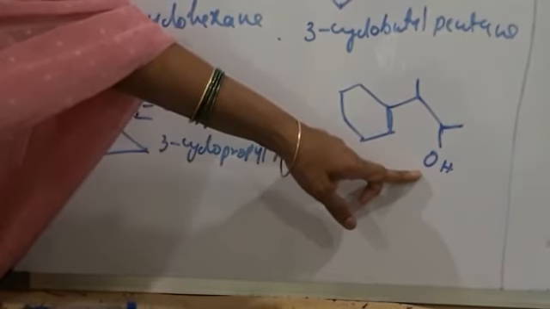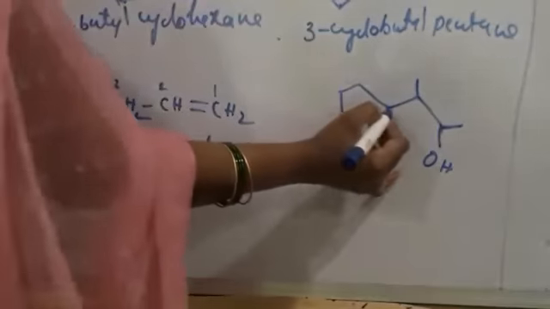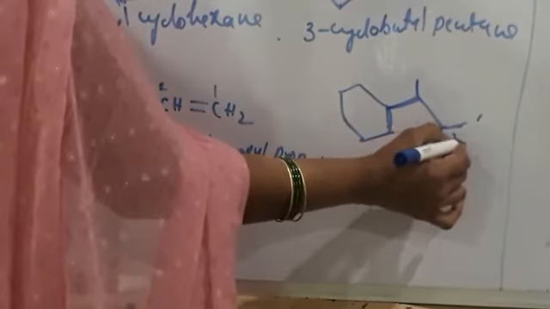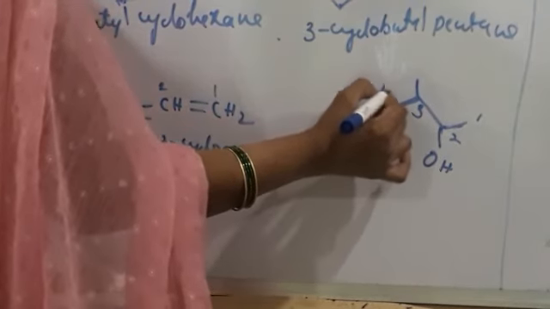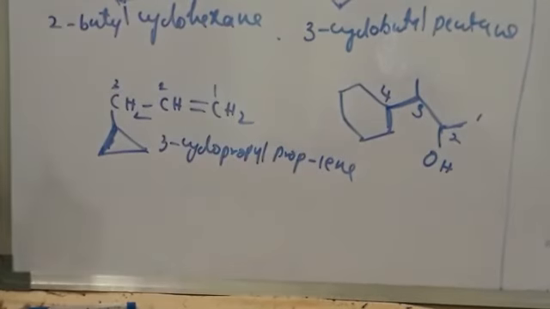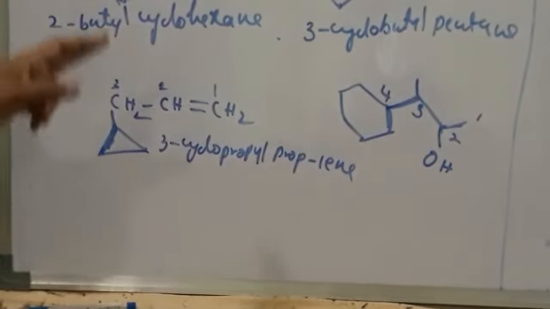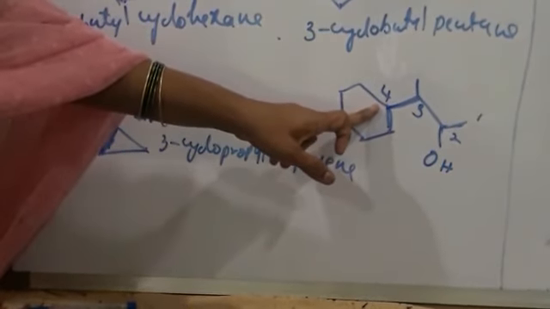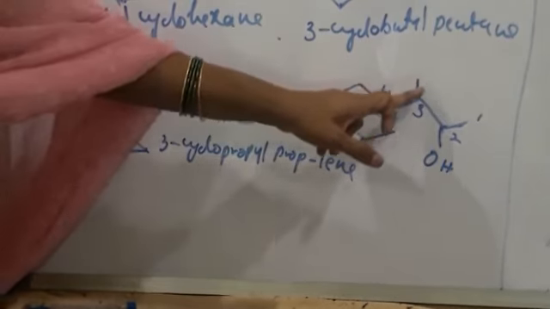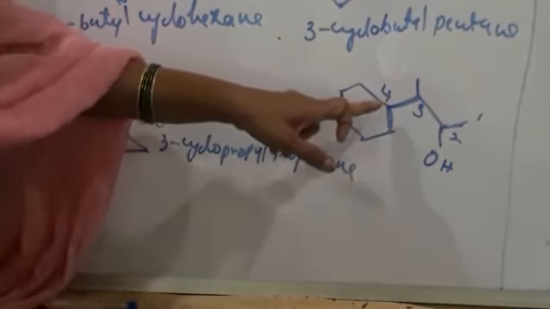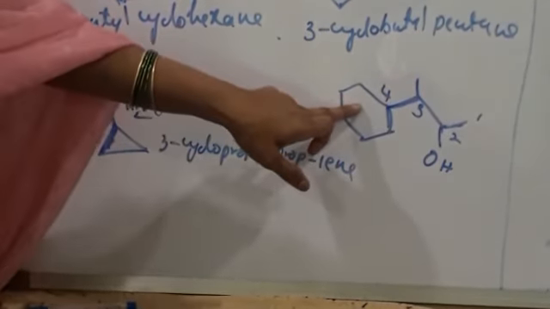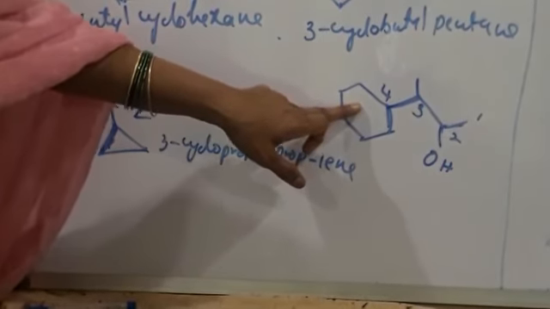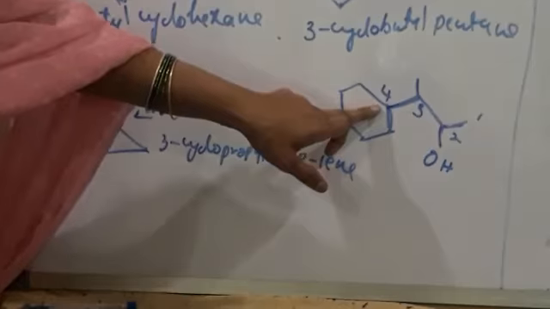This is the main chain, 1, 2, 3, 4. Here at the 4th position a cyclohexyl substituent is there.